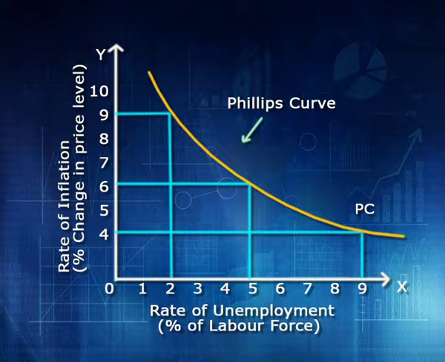This empirical data proves that there existed a stable Phillips curve which depicted a predictable inverse relationship between inflation and unemployment. Thus, on the basis of a stable Phillips curve for a country, the trade-off between inflation and unemployment was emphasized, which confronted the economic policy makers.